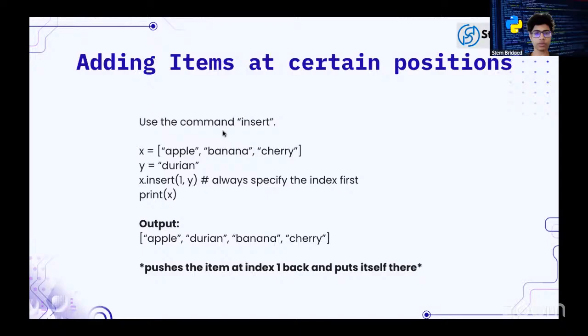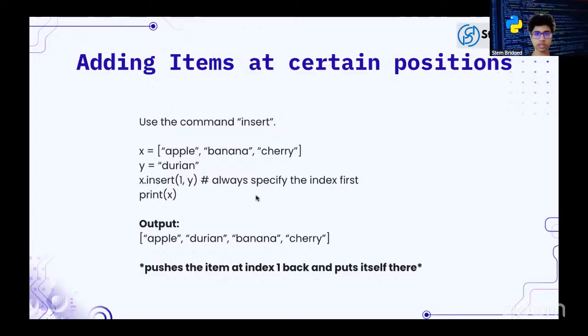So 0, 1. At this index, you would add y, and then print x. So at the first index, it's going to add y. Yeah, it adds durian to the first index, so over here, and it shifts everything else down. It does not replace it.